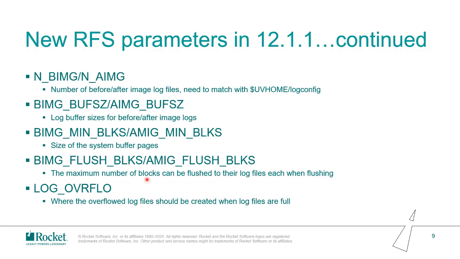The next two sets of parameters define how the log daemon process will flush the log blocks. The log daemon process usually writes block by block, so this defines the minimum and maximum number of blocks it can flush.